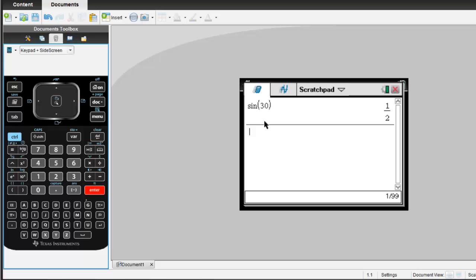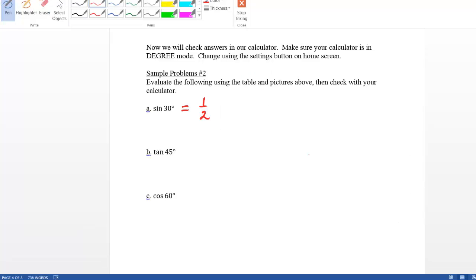So what we're going to do here is we know that this could also equal 0.5, and that may be what your calculator had given you whenever you did that. So go ahead and do tangent of 45 and cosine of 60 according to the table up above, and then check with your calculator. Okay, so that should have been a pretty simple deal, and it gave you a little introduction to using trig in your calculator.